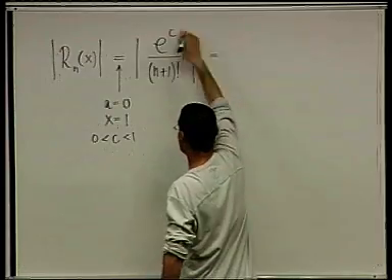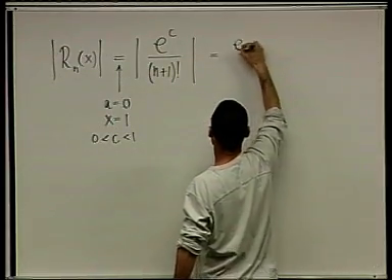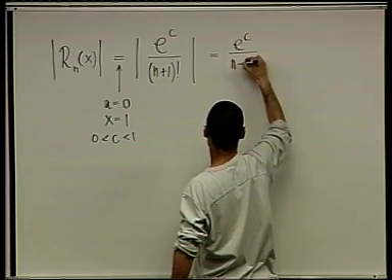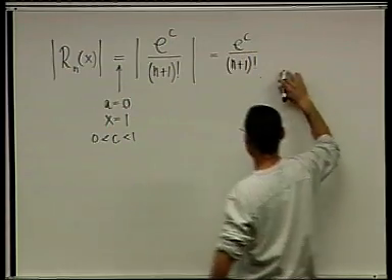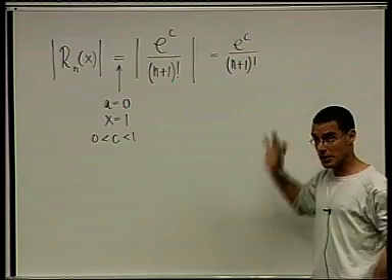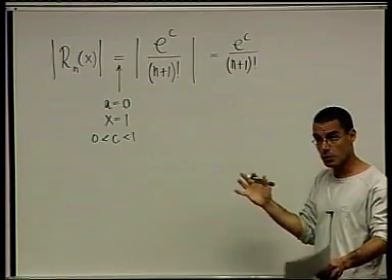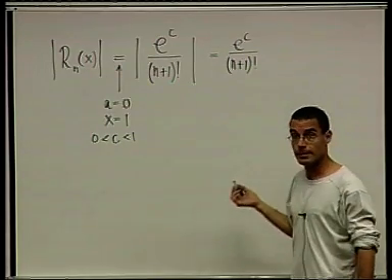So e to the something is always positive, as is n plus 1 factorial, so we don't need the absolute value here. This is always positive. And remember what we want. We want this to be less than 1 over 100. That's what we're seeking, right? What can I say about e to the power c?